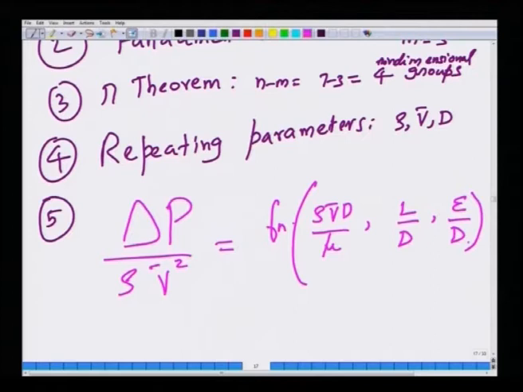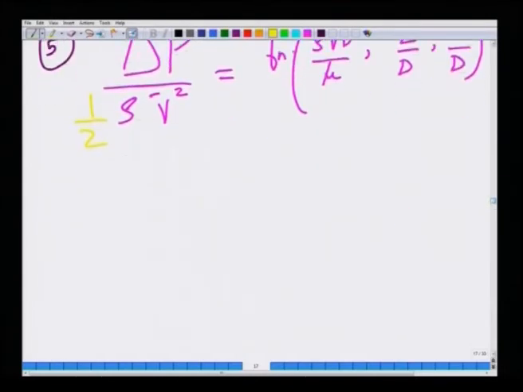So, you non-dimensionalize that with the diameter of the pipe. And traditionally, just out of convention, people put a factor of half here, and this is just historical practice.